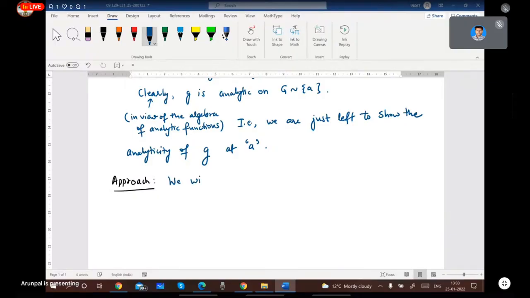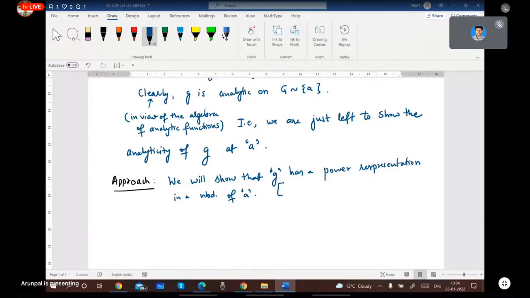We will show that G has a power representation in a neighborhood of A. So class, if we show that G has a power representation in a neighborhood of A, then you know that G must be analytic at A. Is this okay, class? So we will be using this approach. Is this okay? Yes, sir.